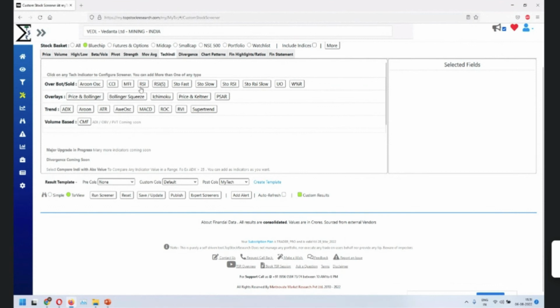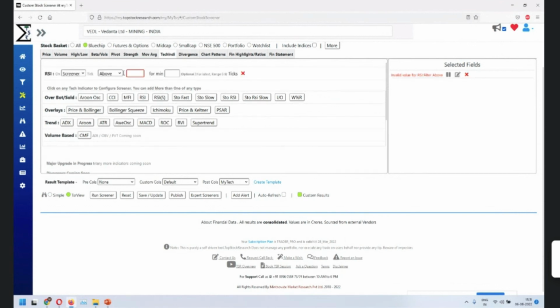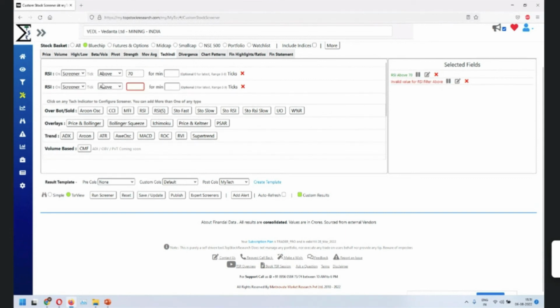Let's say you're looking at RSI. For example, if it is above 70, which is overbought, and then I add another RSI condition, where it is trending down for at least, let's say, 3 days.